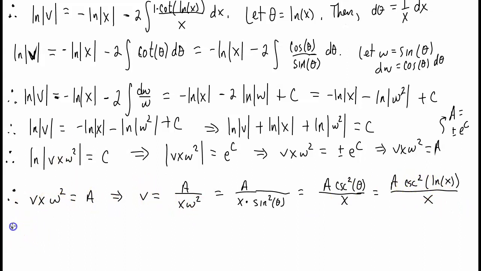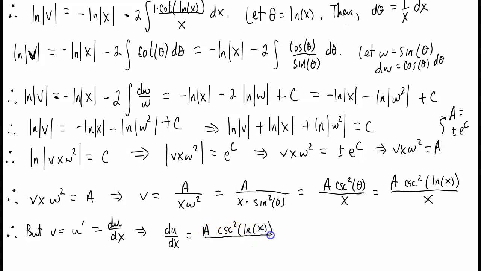But remember here that v was equal to u prime, which is the same as du over dx. So this implies here that du over dx is going to be equal to A times cosecant squared of natural log of x, all that over x.